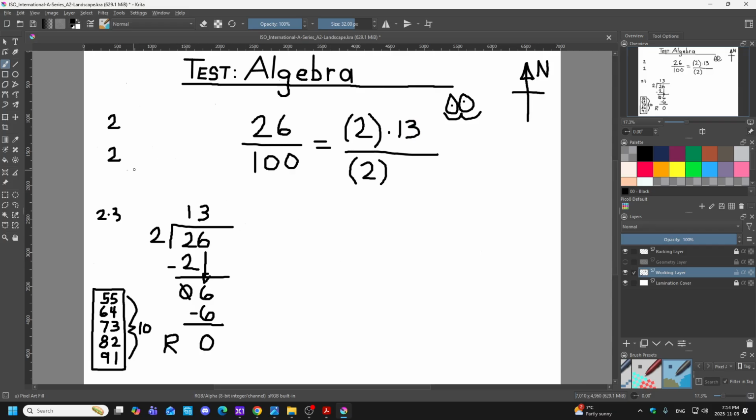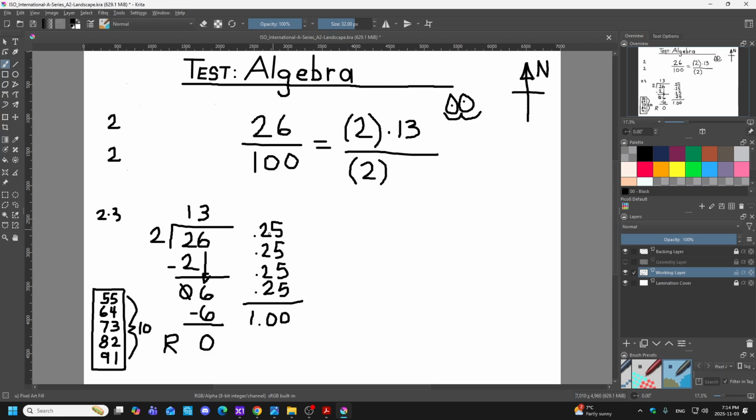And we could do the same with 100. But again, if you think of 100 like money, you know that it takes 4 25s to equal $1. Now the decimal doesn't matter where it is. Just ignore the decimal.